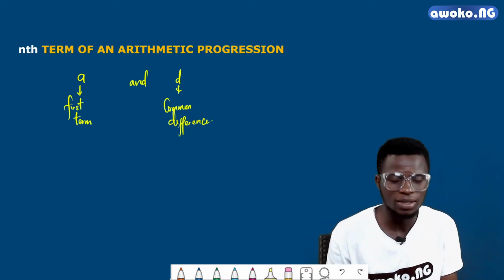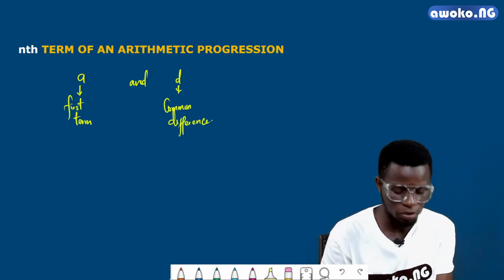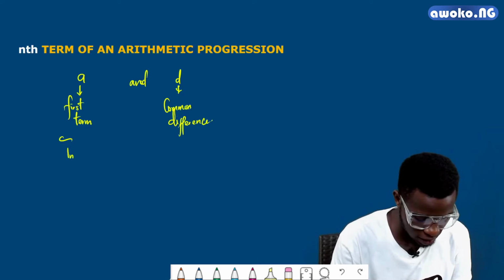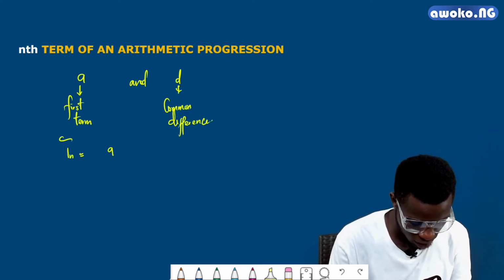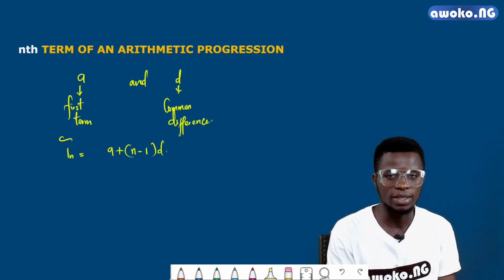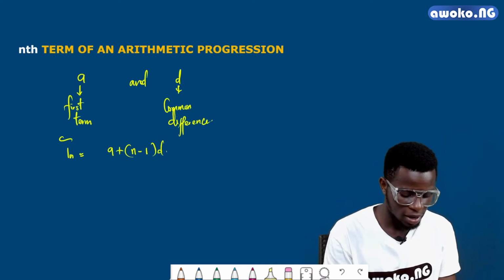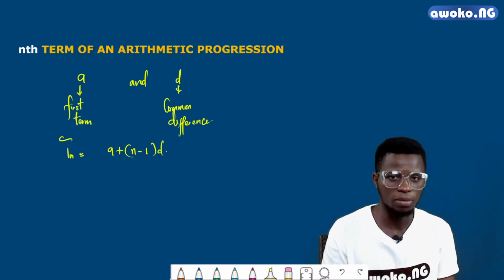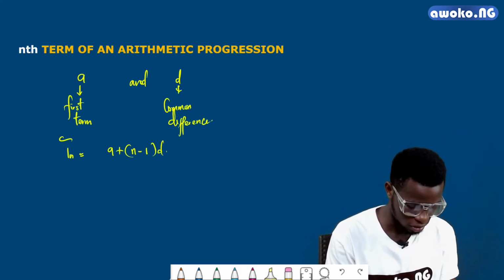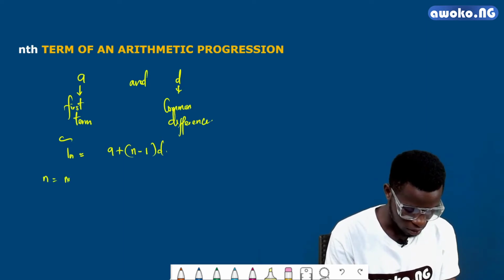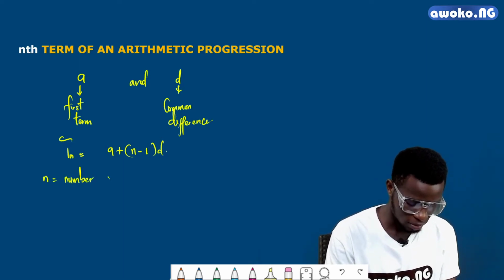So we can write the nth term of an arithmetic progression as Tn is equal to A plus (n minus 1)D, where Tn is the nth term, A is the first term, n is the number of terms, and D is the common difference.